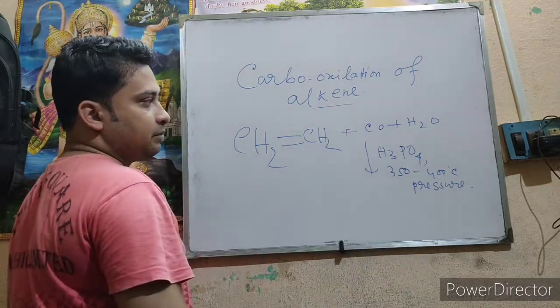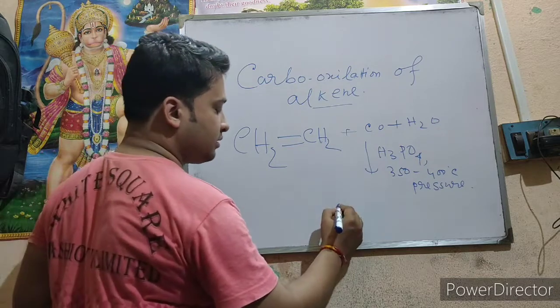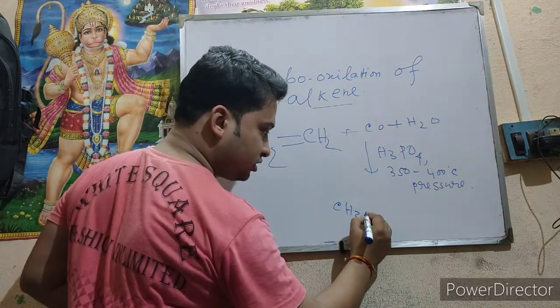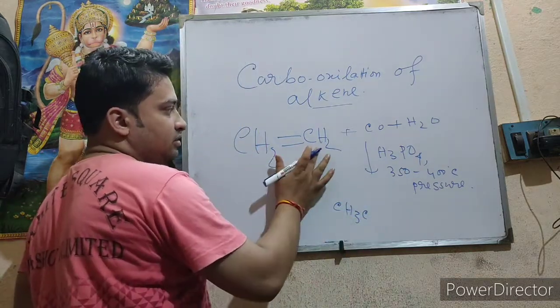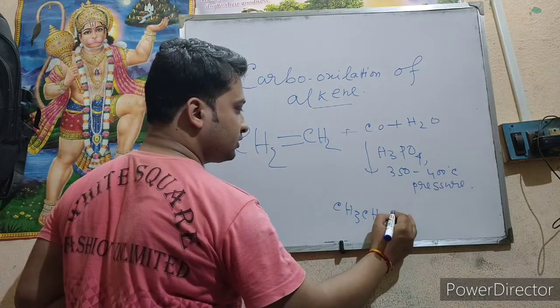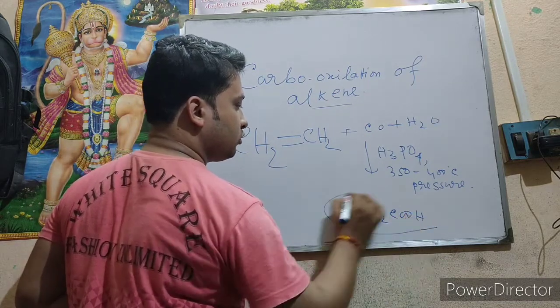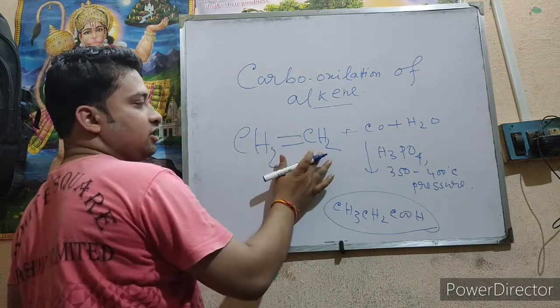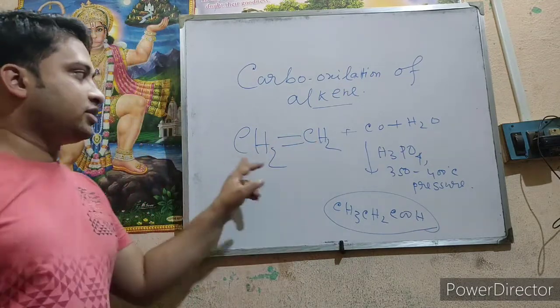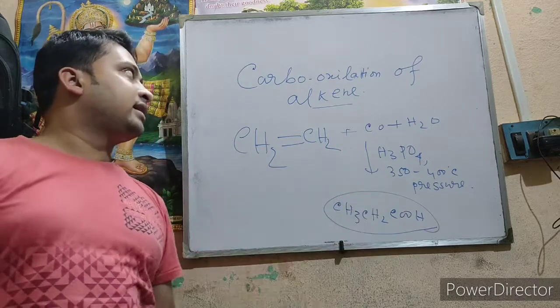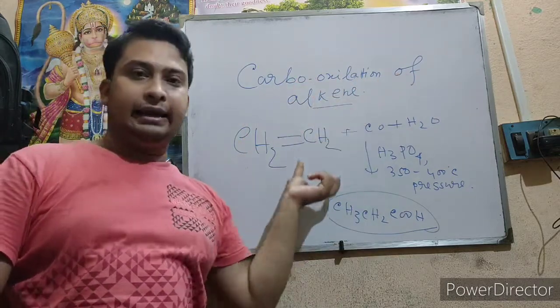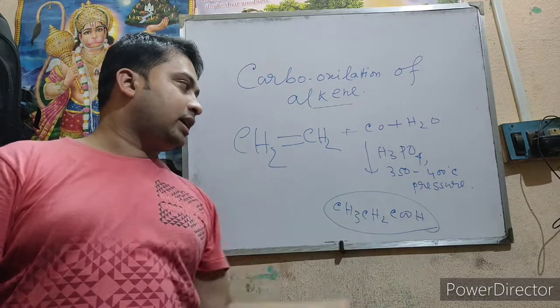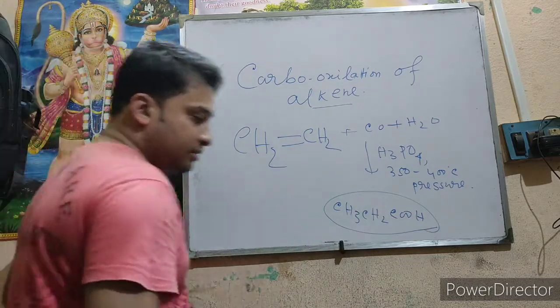If you use it, you get the product CH3CH2COOH. This is the carboxylation of alkene. So this is very simple.